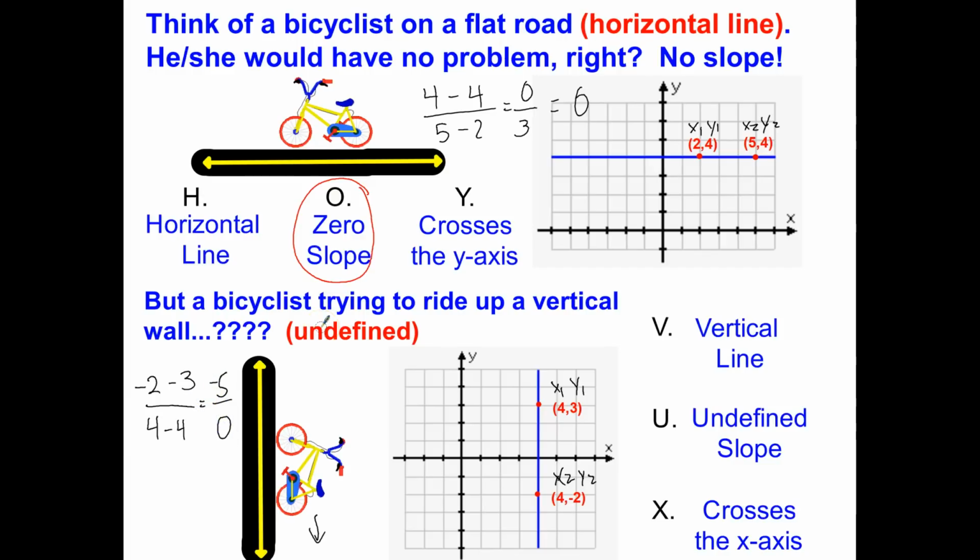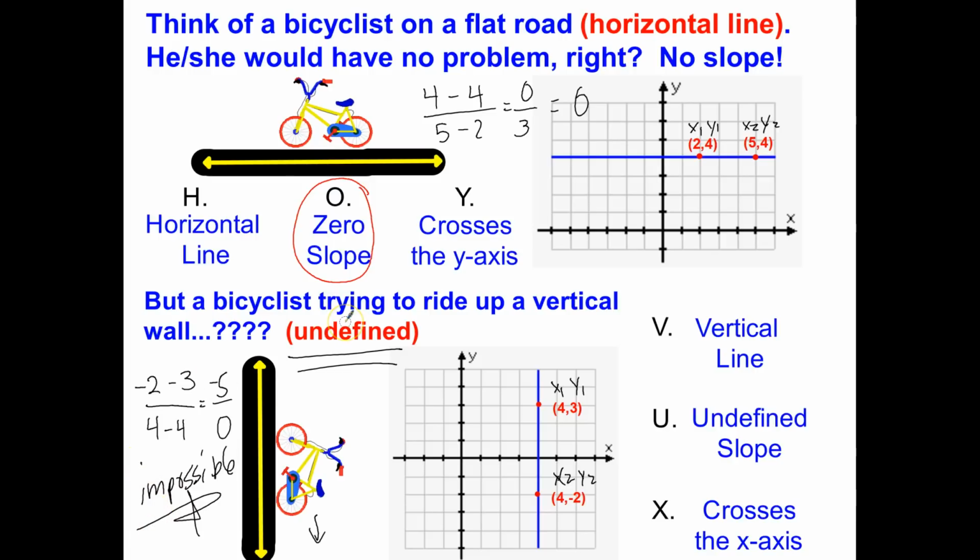This is why it's impossible. It's impossible to take something and divide it into nothing, right? It's impossible to take something and split it into nothing. That's why this is called undefined.